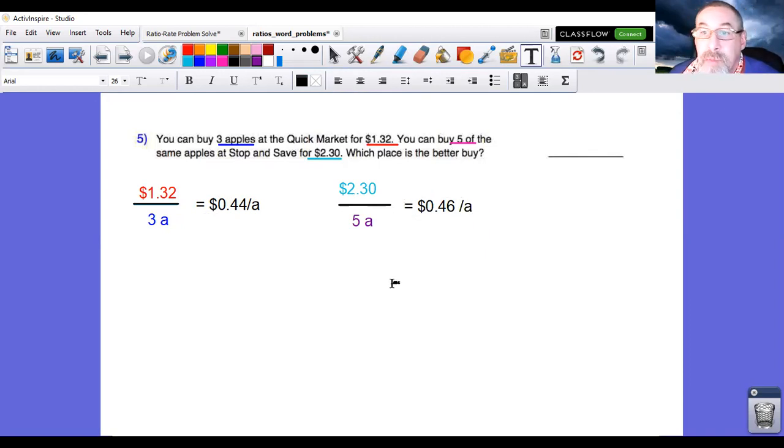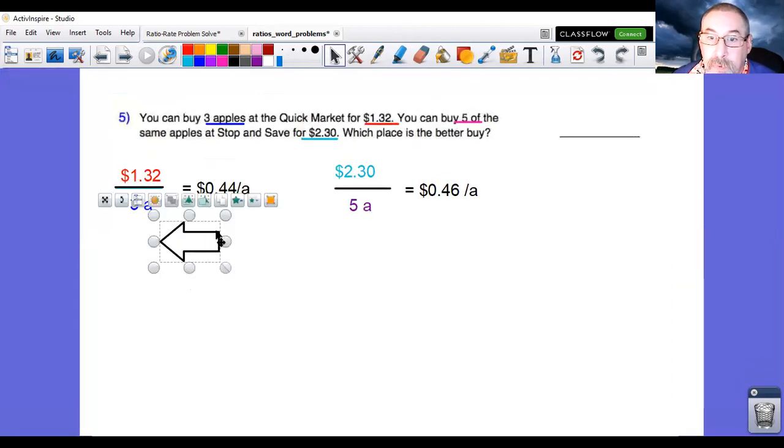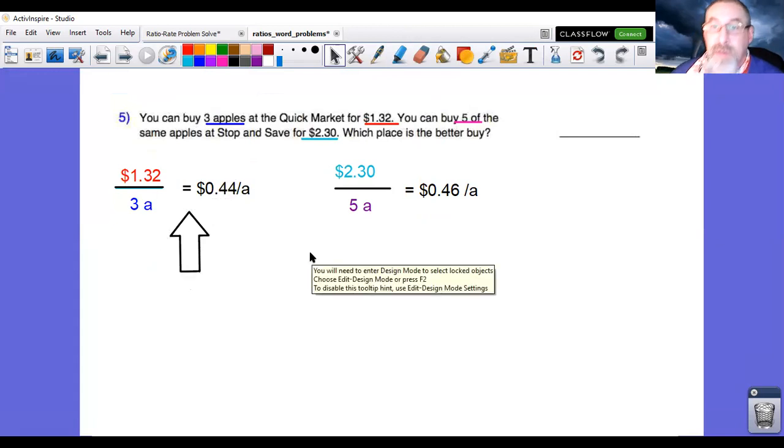And this time we have 44 cents per apple as our cheapest rate. So that's another comparison. The smaller the unit rate, the less it costs.